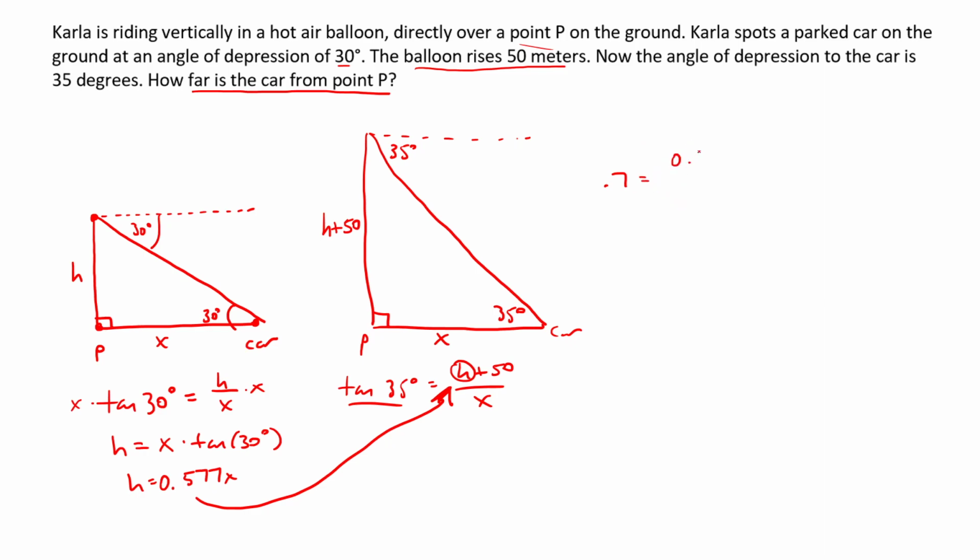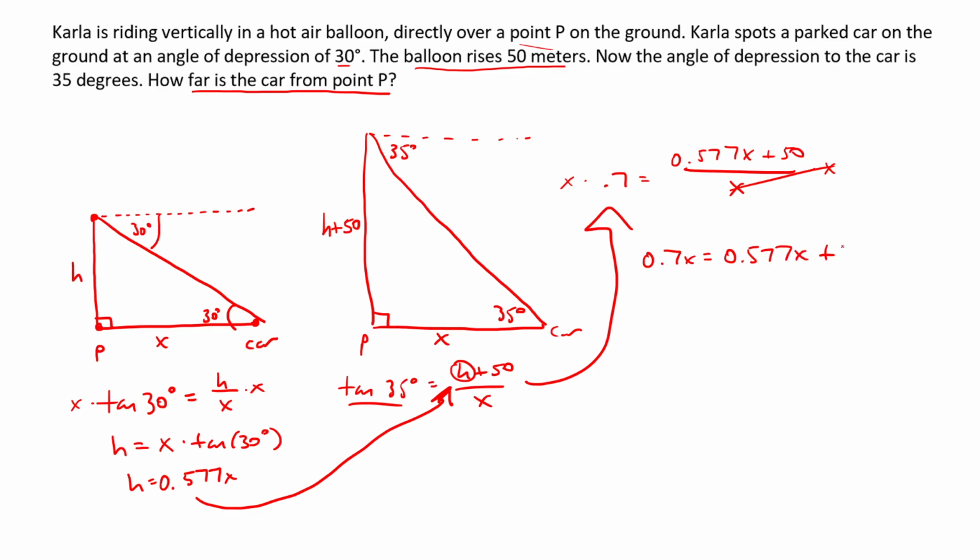And then I'm replacing h with this, right? So I'm taking this equation and I'm substituting for h. And now I have one variable. And so I can multiply both sides by x to clear the fraction. And so I would get 0.7x equals 0.577x plus 50.